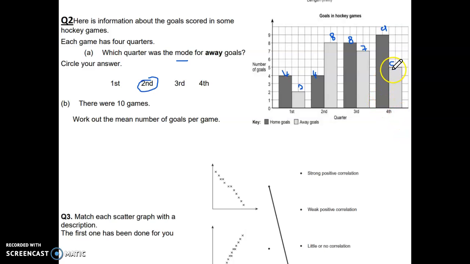I've gone wrong somewhere, okay. So 5 and 9, 14, plus that 7 is 31, 39, 47, 51.